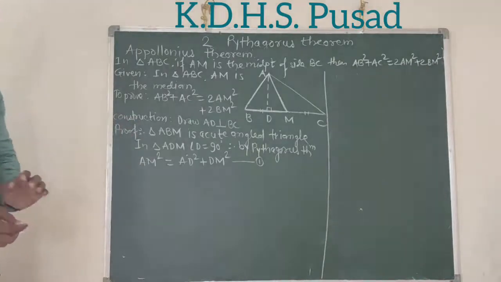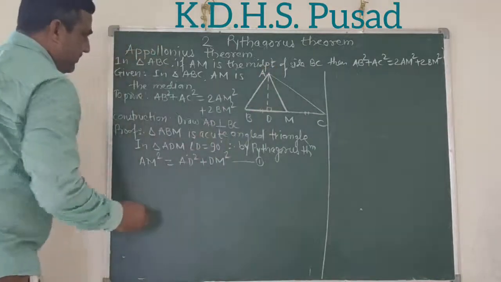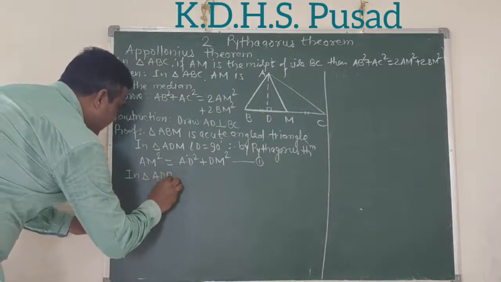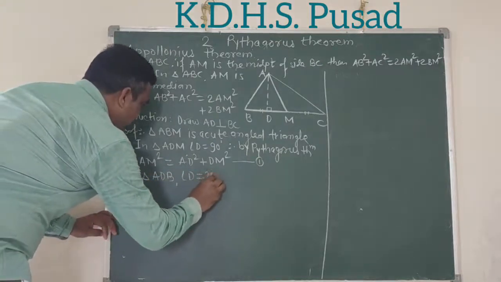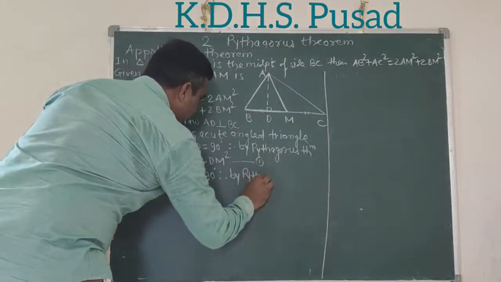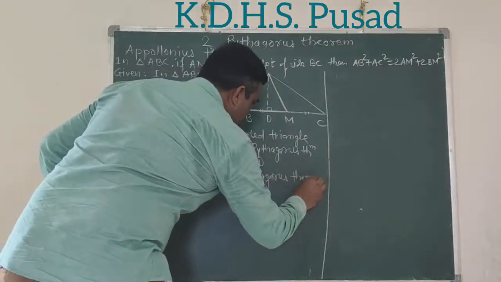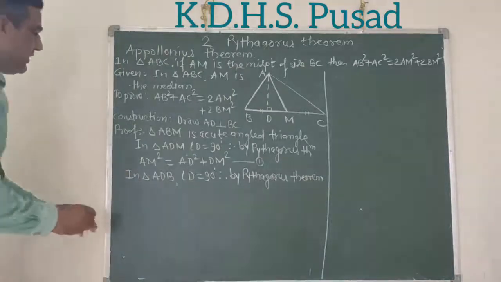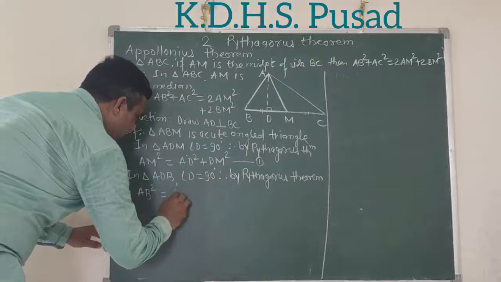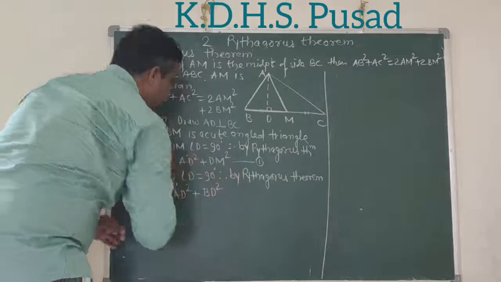Now we proceed further. Consider triangle ADB. In triangle ADB, angle D equal to 90 degrees. Therefore, by Pythagoras theorem, AB square is equal to AD square plus BD square.